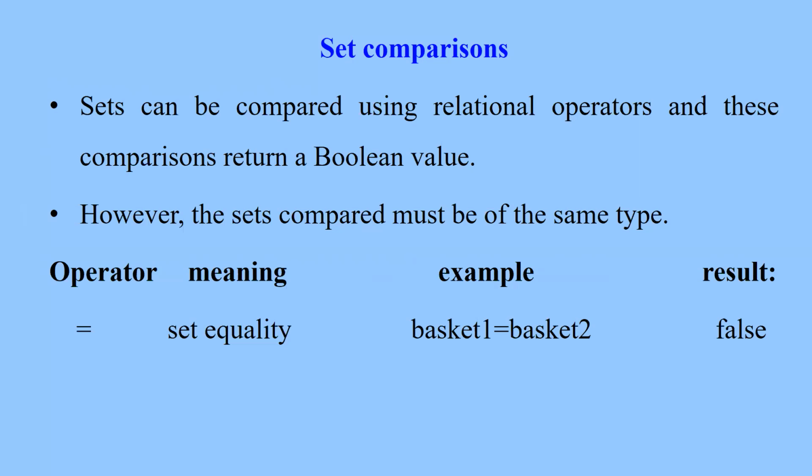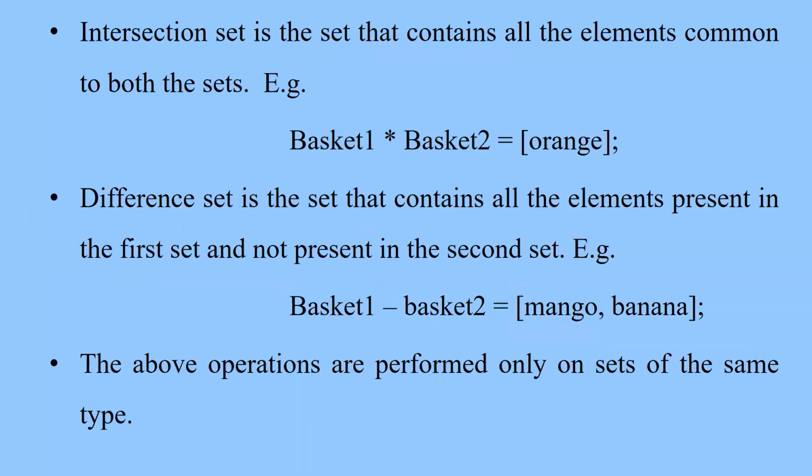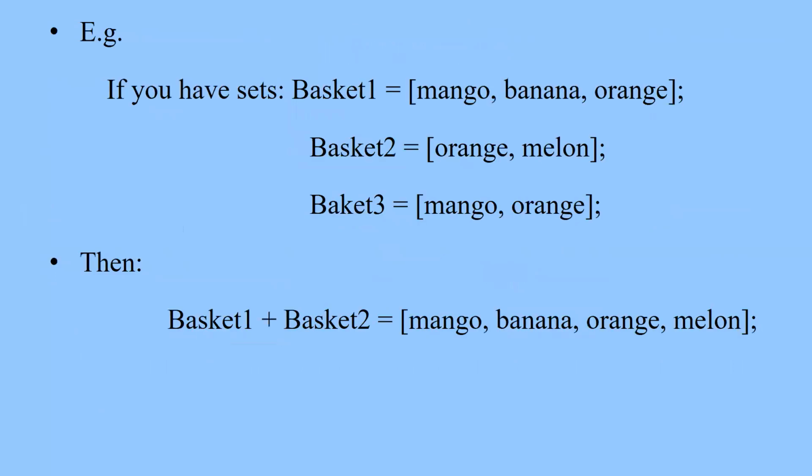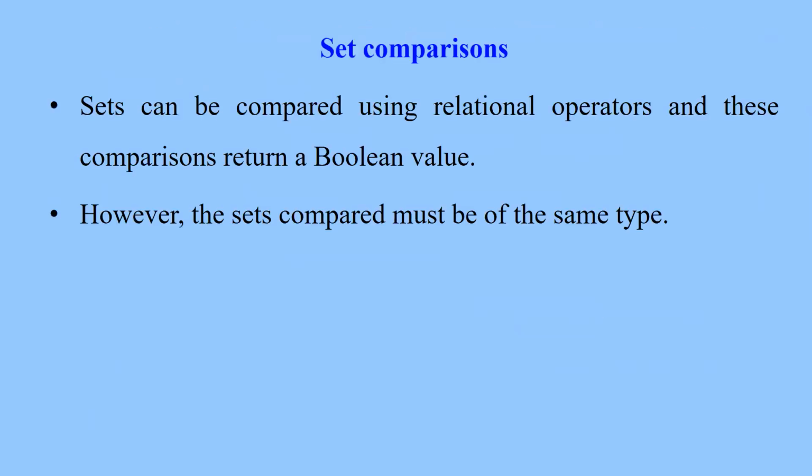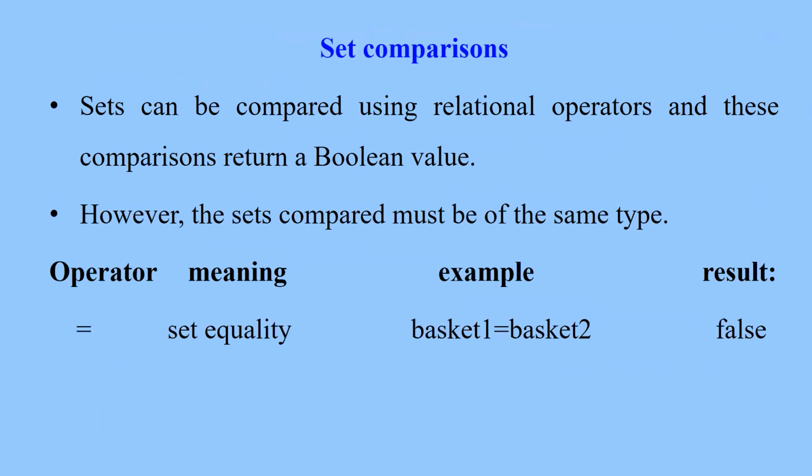The answer is false. Why false? Because we have a member in basket 2 that is not in basket 1, and that member is orange. Therefore, when you compare basket 1 to basket 2, the answer becomes false. They are not the same.